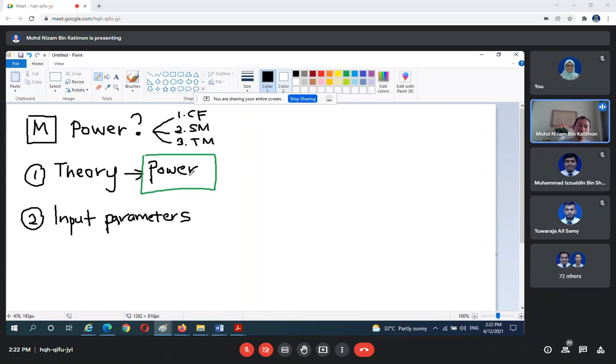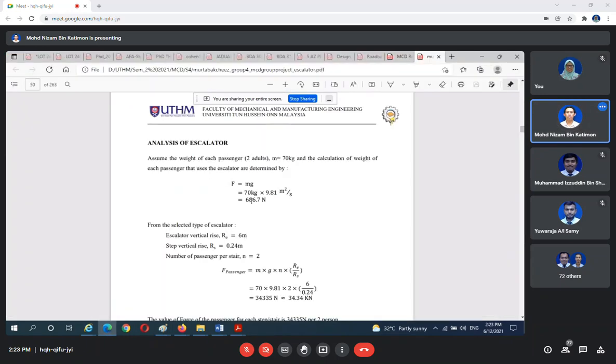For example, for the ceiling fan, one of the criteria is you have to know the speed. What is the speed you want to set? What is the mass? From that, you can determine the power required.